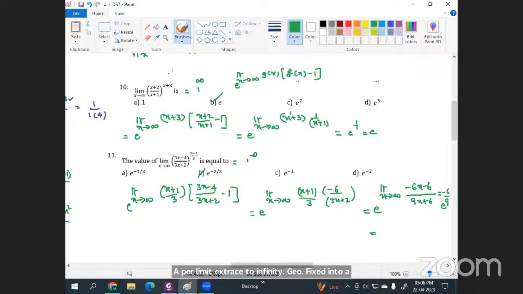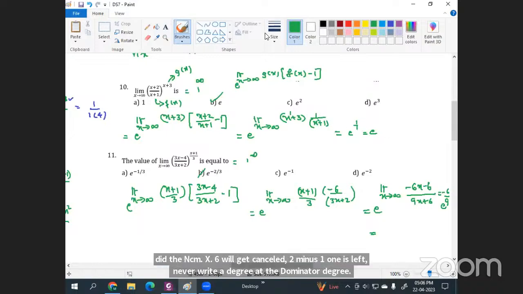Right? g of x is this one, f of x is inside the bracket. I did the LCM, x will get cancelled, 2 minus 1, 1 is left. Numerator degree and denominator degree are both equal to 1. Therefore, e power 1 is e. Is it clear?